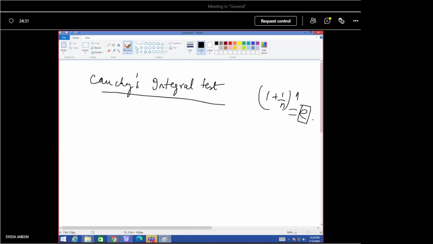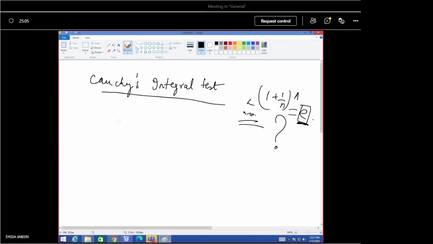So what converging we can't say because e is 2.7. So can you say about the convergence? Anyone? इसको सोचना, नेक्स्ट क्लास में हम बताएंगे.